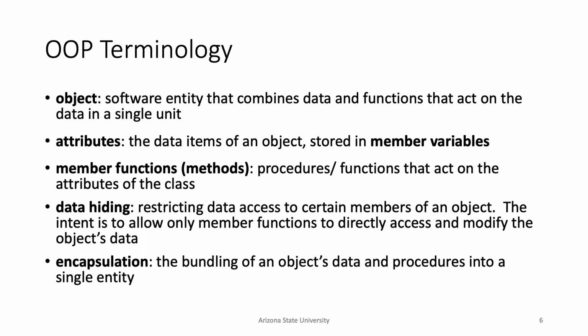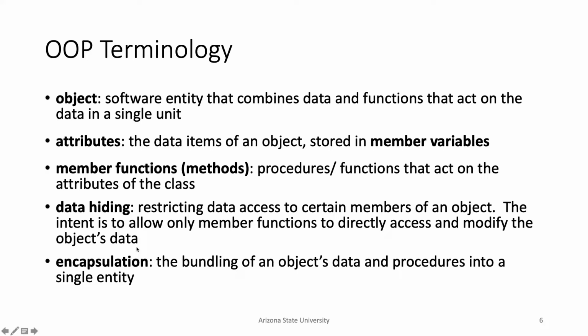Okay, so what are these last two? Remember when I said that objects are a way of trying to put a bunch of values all into this one entity, so that when the user interacts with this object, they only see the object. They don't have to worry about all the details on the inside.